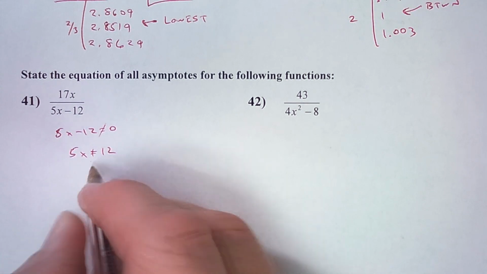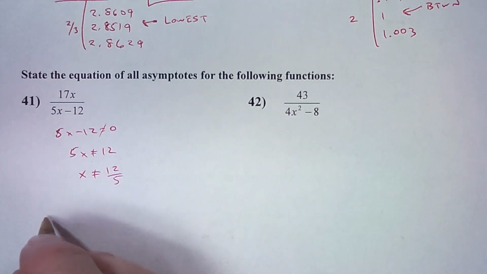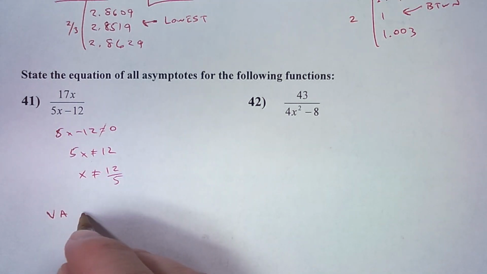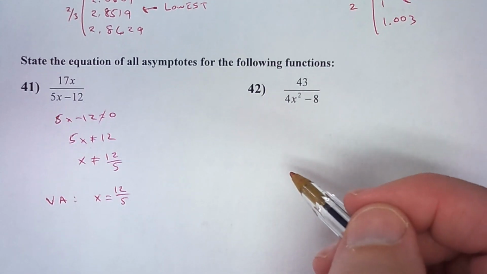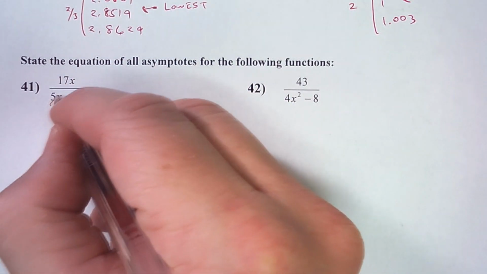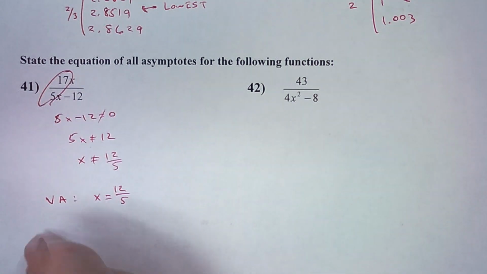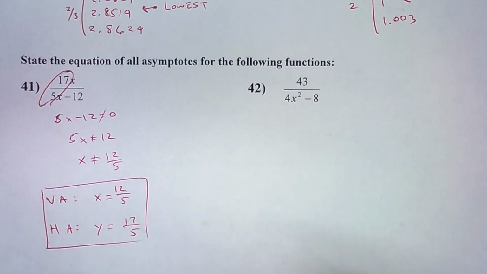So we have 5x cannot be 12, so x cannot be 12 fifths. So there is a vertical asymptote where x is 12 fifths. Okay, then for a horizontal asymptote, the numerator and denominator have the same degree, so I can take the coefficients there and say there is a horizontal asymptote at y equals 17 fifths.